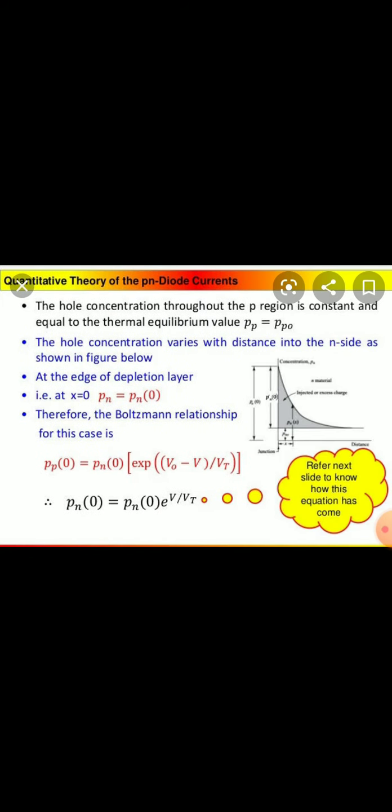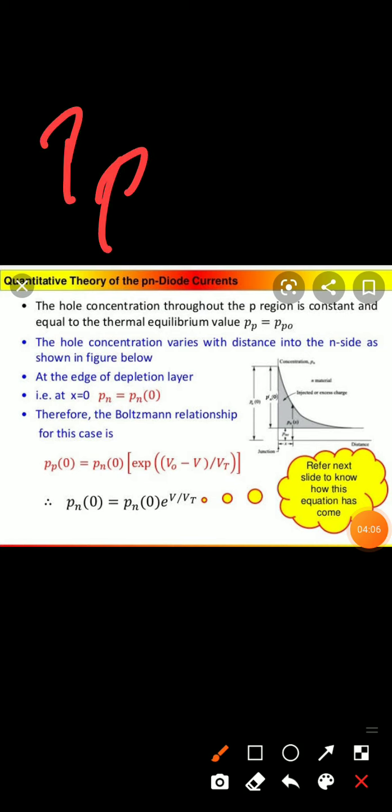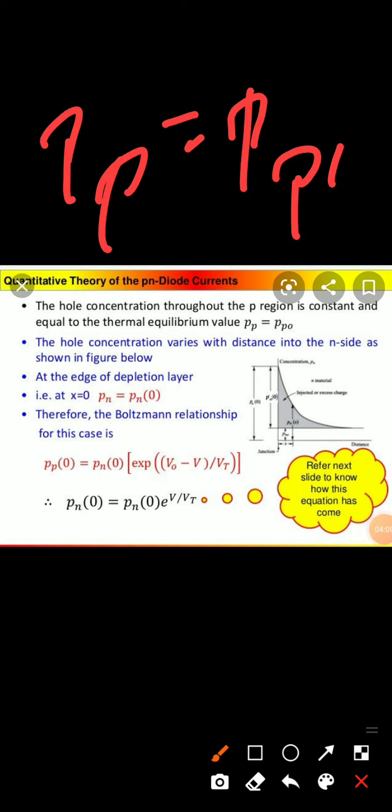By using the graph, first the holes are injected from the p side to the n side, then the hole concentration in the p region is constant at equilibrium, which means pp is equal to p naught. The figure shows how the hole concentration varies with distance in the n side.